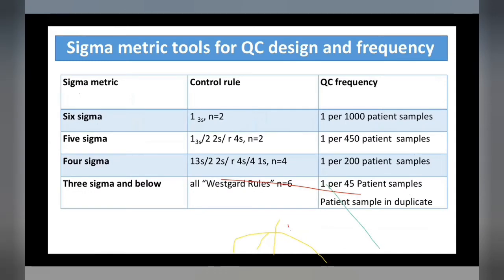And we can use this Six Sigma for designing our quality control also. How many controls shall be run, how frequently. But first you develop understanding how we can use this for process variation. As we discussed, we will discuss all these things in a separate lecture in detail.